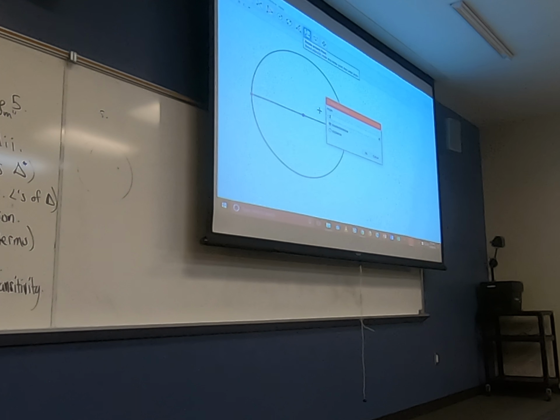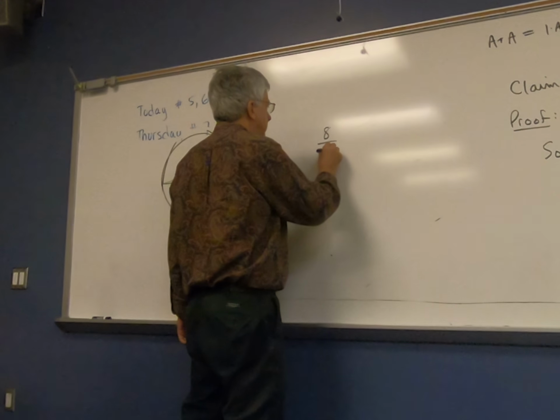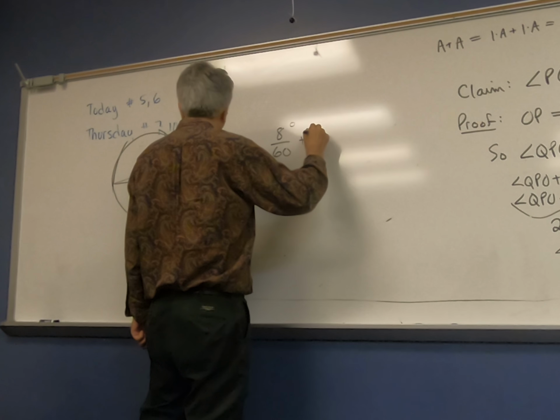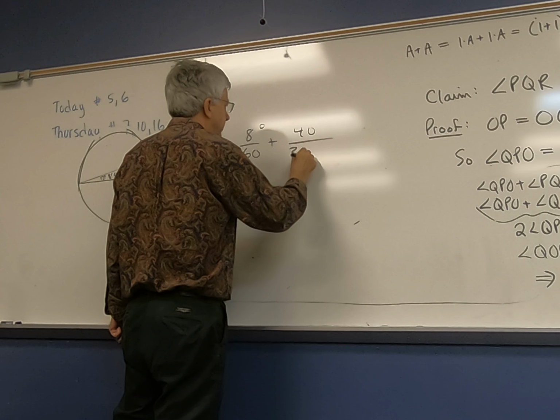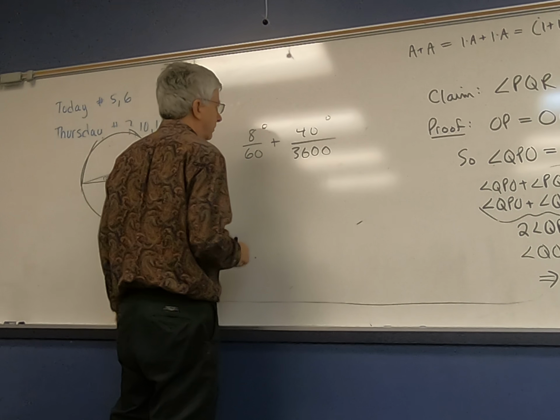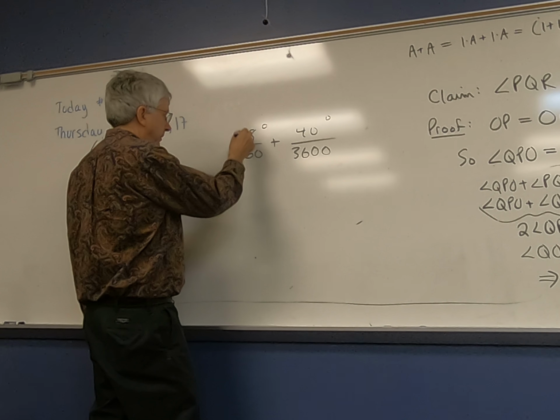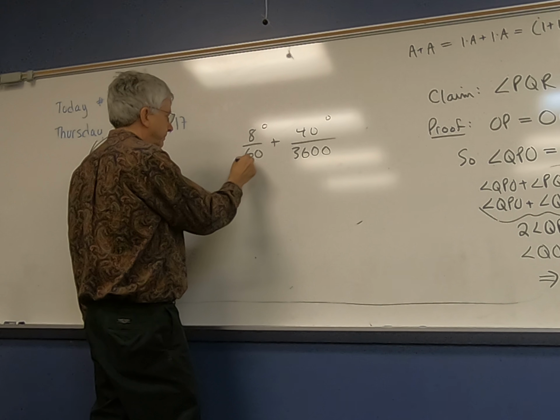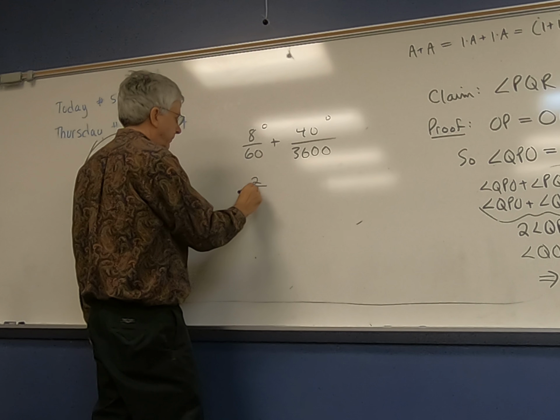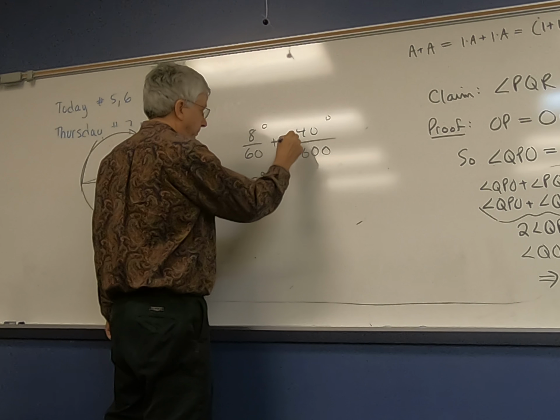Well, 12 degrees, and I guess we need to convert 8 60ths of a degree plus 40 3600ths of a degree. And so how does this convert? Can we reduce by a factor of 4 here? So I get 2/15ths plus 1/90th.